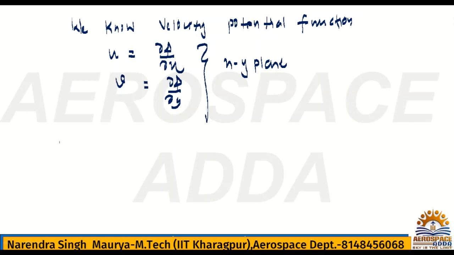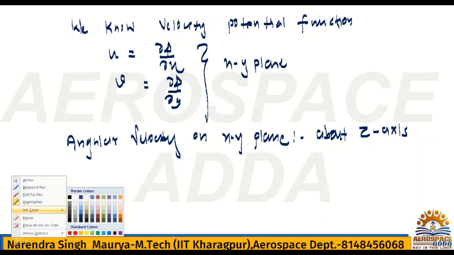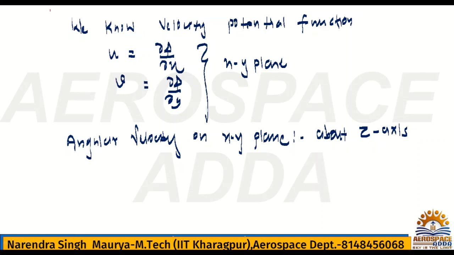Now we know angular velocity on xy plane is also about the z axis. Yes or no? What is that?